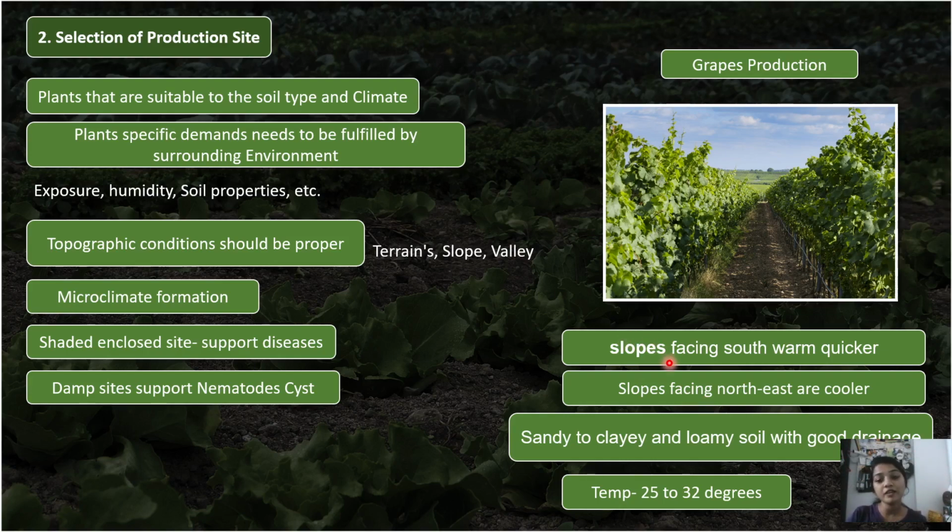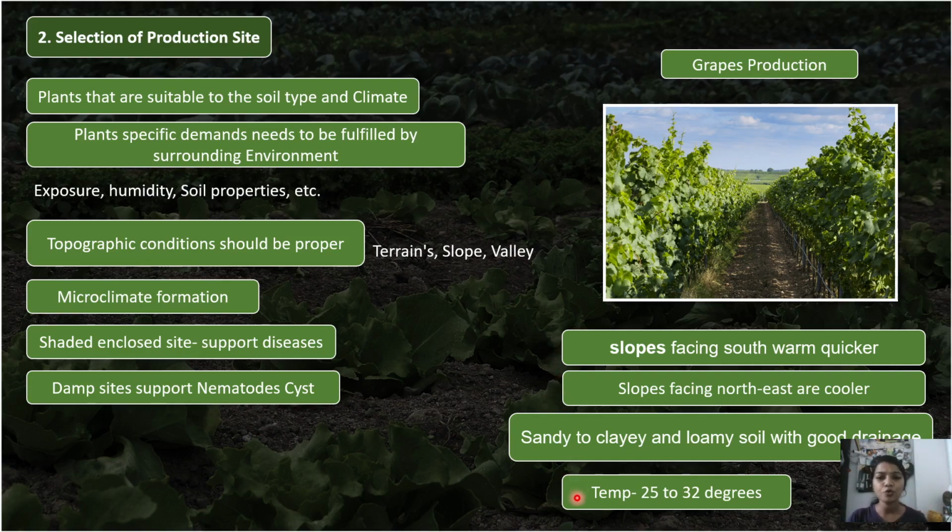So if you try to grow grapes in a valley area or an almost plain area, that will not give you a good result. So every plant that you choose should always be grown in an area where these requirements are easily available.